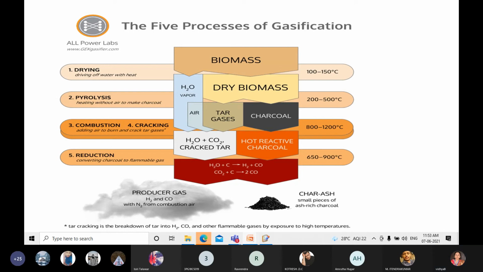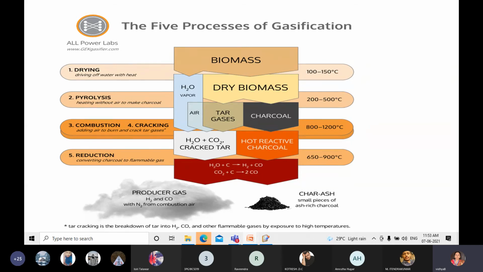Okay, you can observe that in reduction they are saying it converts charcoal to flammable gas. And the next reaction in this block is H2O plus C. H2O is water vapor and C means carbon. What do we get as output? Hydrogen plus carbon monoxide.